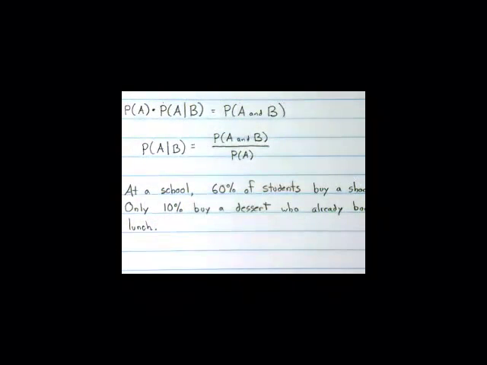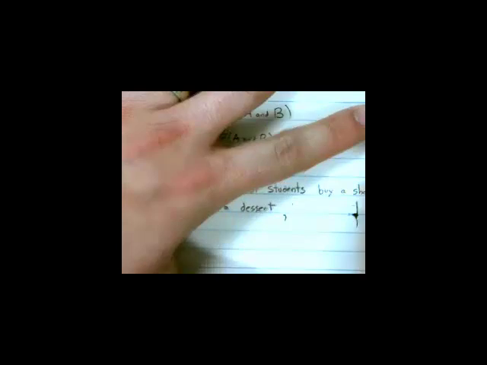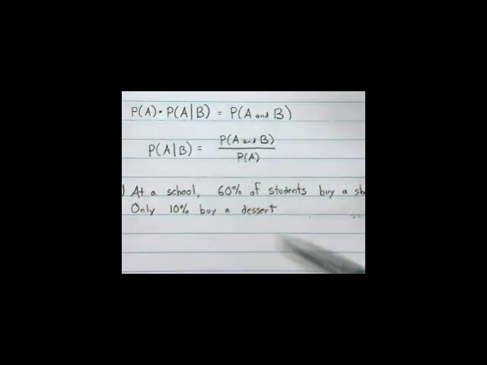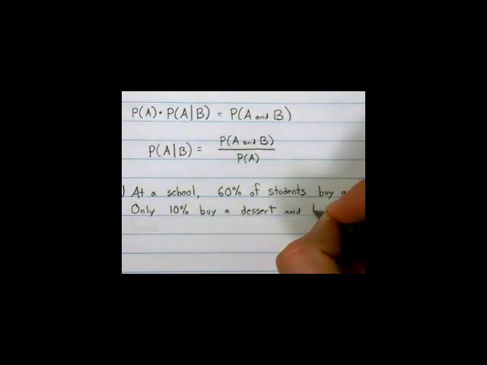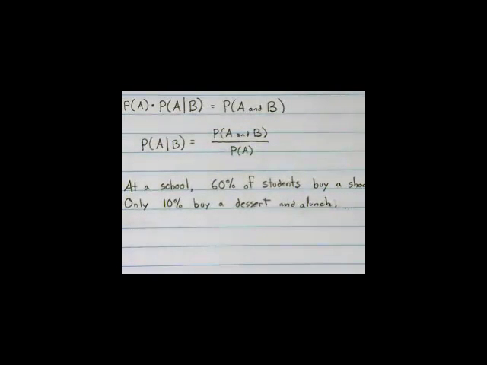So only 10% who already bought a lunch. So what is the problem? 10% of students buy lunch and I wrote that wrong. Well, then just start over. Sorry. Way too much effort. Okay, here's how it's supposed to go. Sorry, I had the two last sentences switched in my head. 60% buy lunch. Only 10% buy dessert and a lunch. Period. Okay?